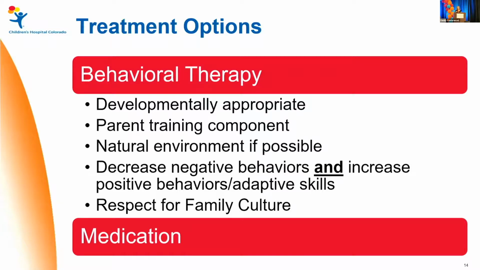And then you also have to think of it, it's not just to decrease a negative behavior, but it's also to increase positive behaviors, or adaptive things that you would like the child to learn to do. And then it's important that any therapist respects your family culture, what's important to you and your family, not just what's important to them. And then sometimes we use medication to help with behavior as well.